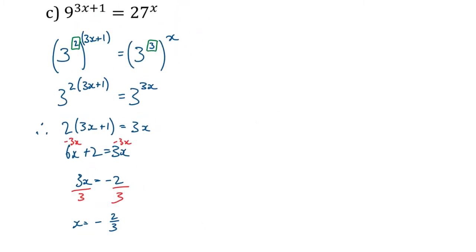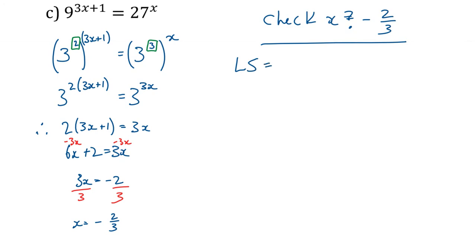Finally, our check for this one: x equals negative 2 over 3. Left side, right side, 27 to the x, subbing in.